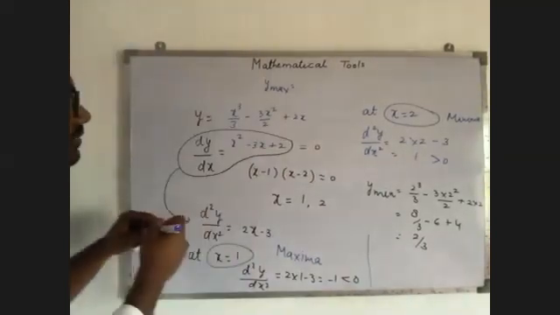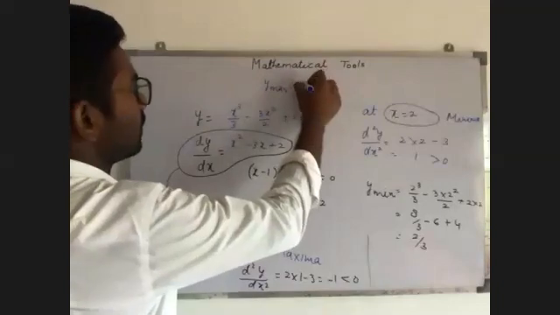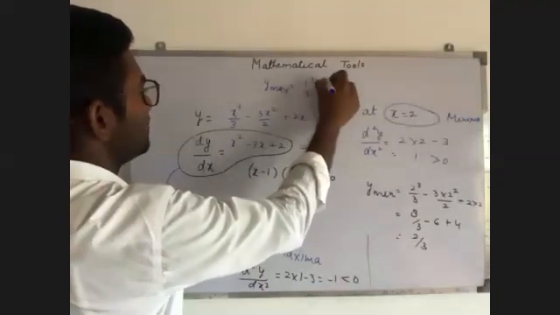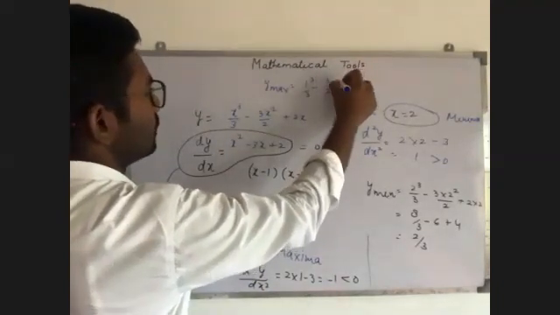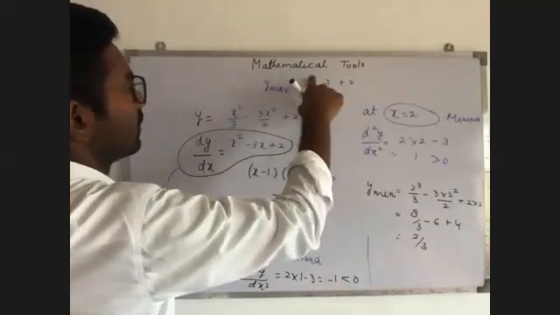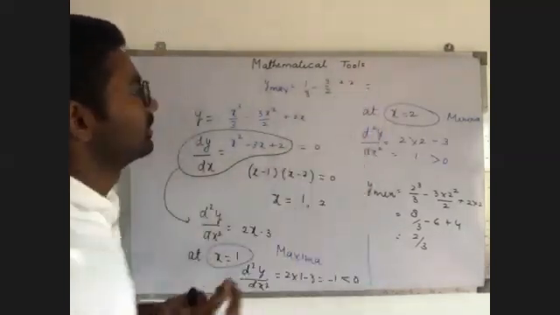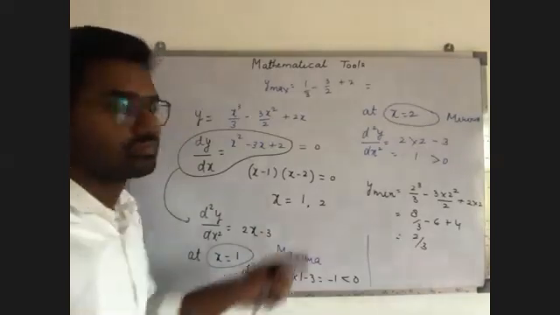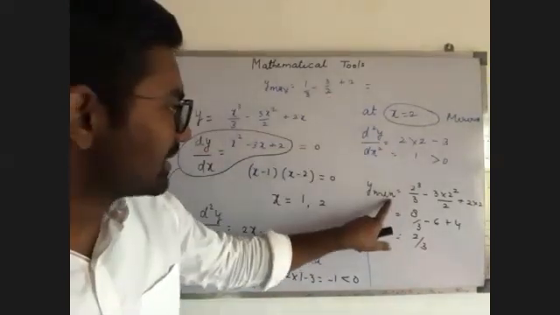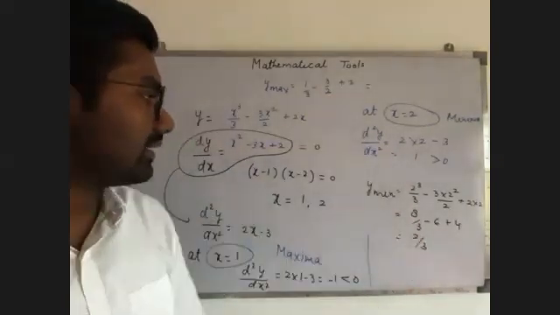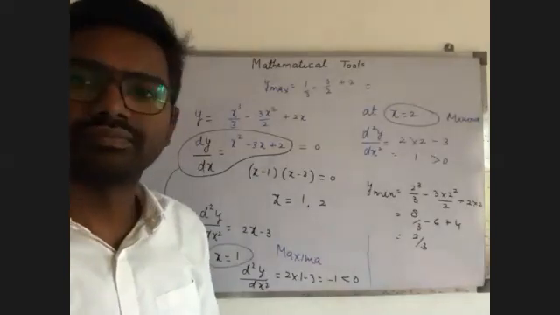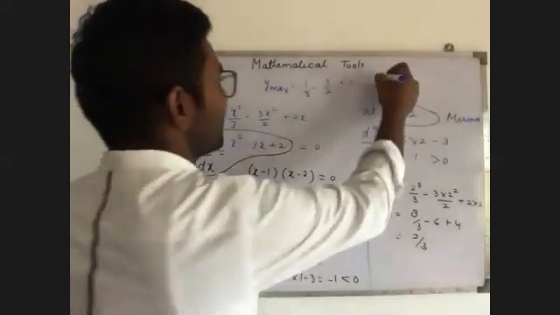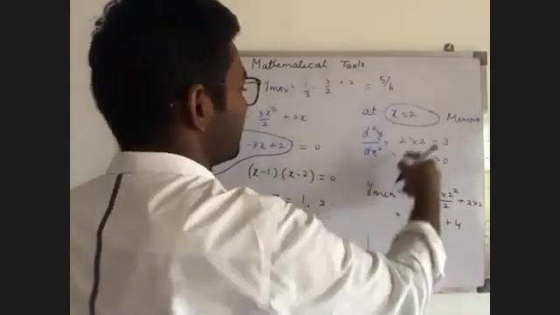So just put the value x equals 1. 1 cube by 3 minus 3 by 2 plus 2. How much is this? Can anyone let me know? And y minimum, just check the calculation once. Have I calculated it right or not? This is 5/6, right?